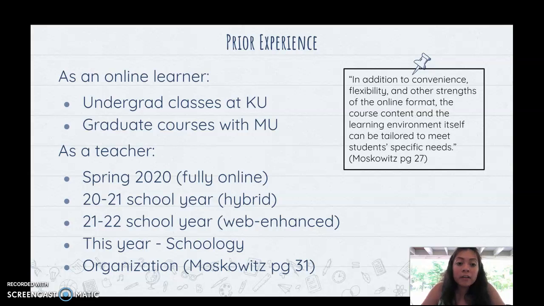As a teacher, I've had a whole mix, as mentioned in the Moskowitz book, between fully online, hybrid, and web enhanced. I think I've had a little bit of everything. At the end of the spring 2020 year, like most of you, we went fully online.